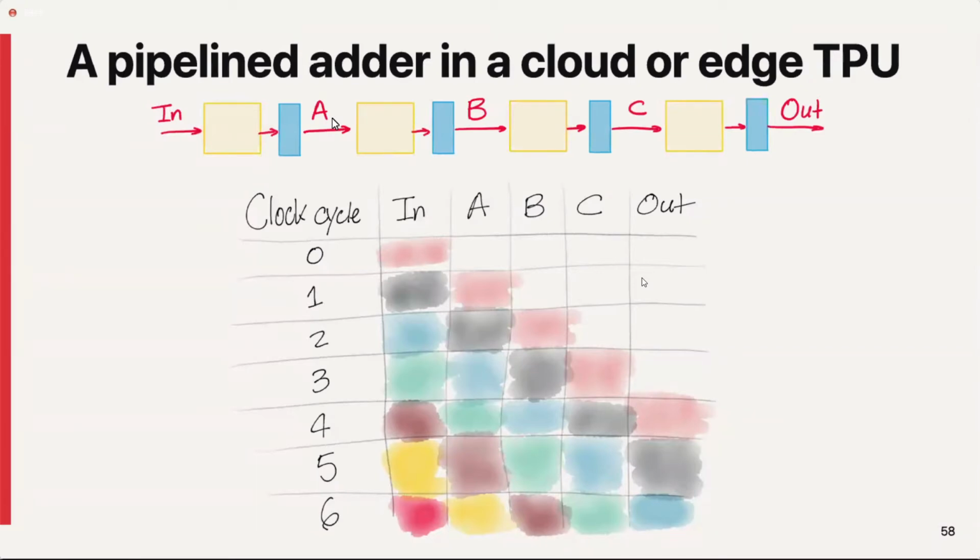Why? Because we're typically trying to process some input data, some matrices. And when we process it, we typically go through multiple layers in a deep neural network. For each layer, we do a multiplication, we do some addition, and then we do some multiplication to the next layer, and so on.